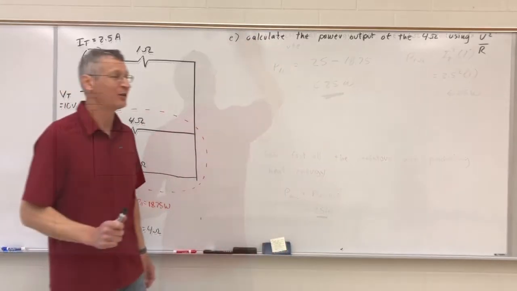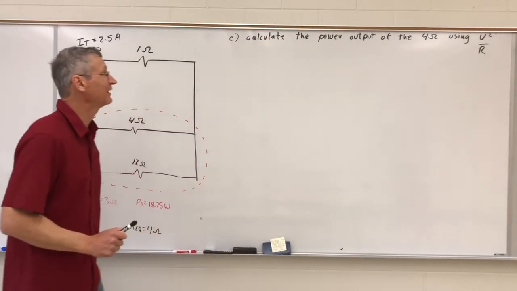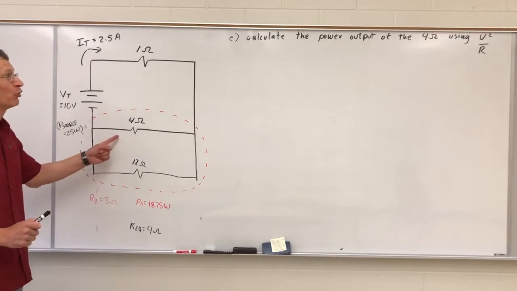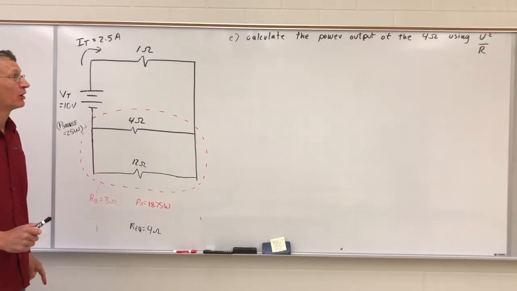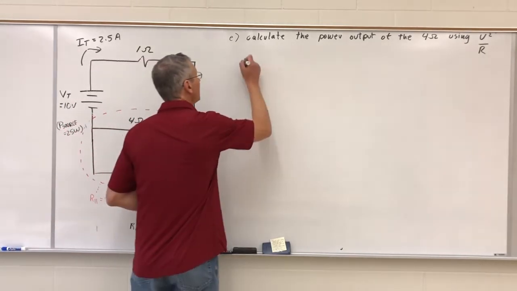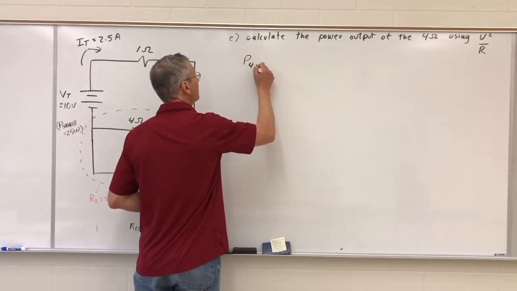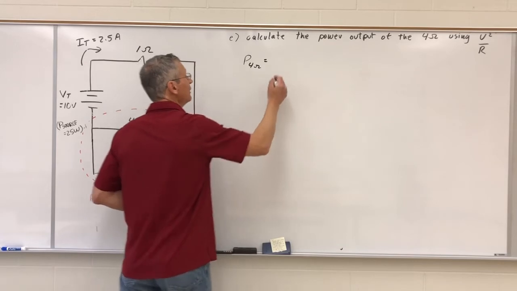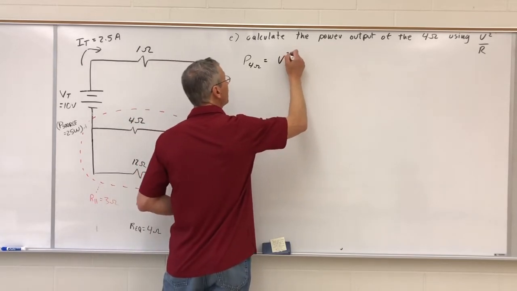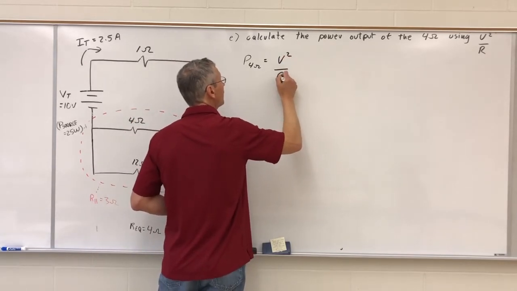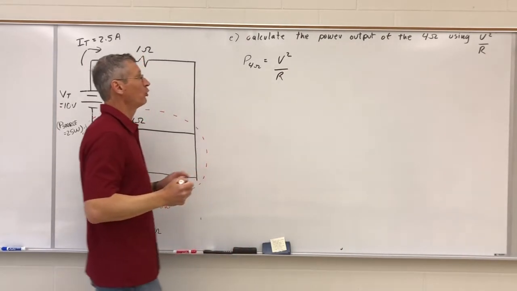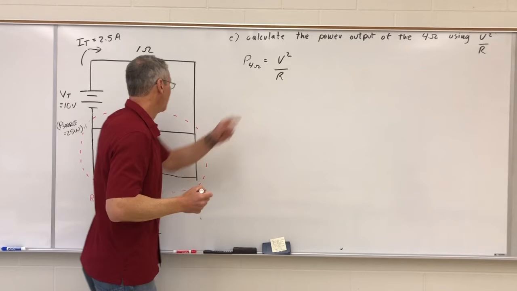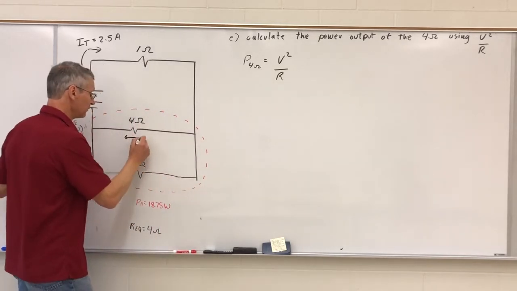All right, time for the last part of this problem. We want to calculate the power output of the 4 ohmer using V squared over R. So the power of the 4 ohmer is equal to V squared over R. Well, if we want the power of the 4 ohmer, that means we need the voltage across it.